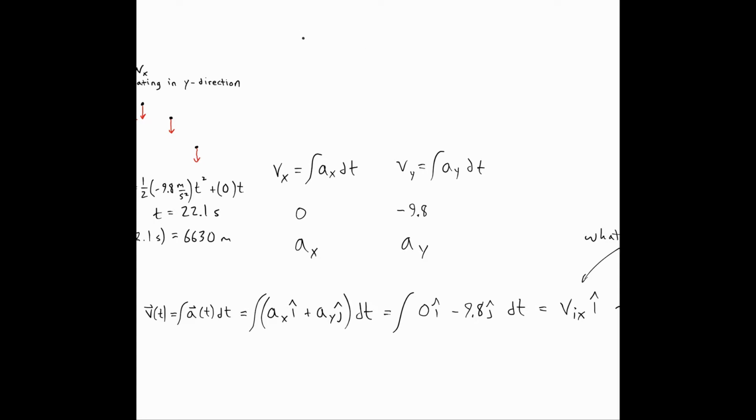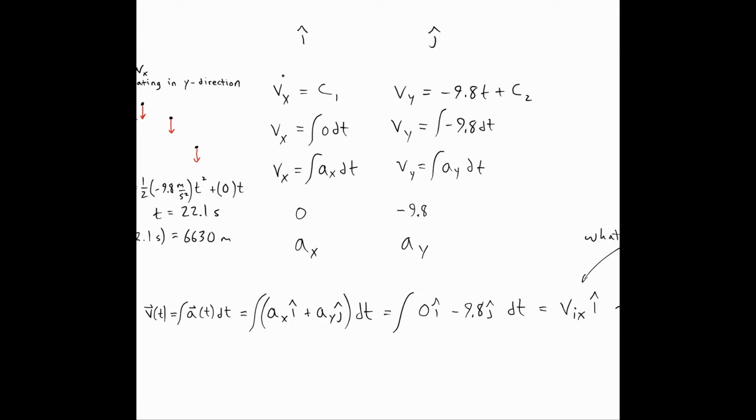Basically what it comes down to is this is the i and this is the j. But I'm going to do the same kind of thing, just keeping them separate. So for this one, I would do the integral of 0 dt, and for this one, the integral of negative 9.8 dt. And so Vx here comes out constant, c, and then this one, Vy, comes out to negative 9.8t plus some other constant.